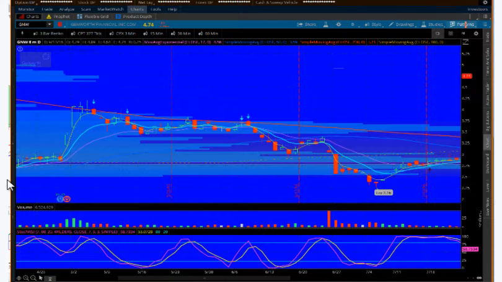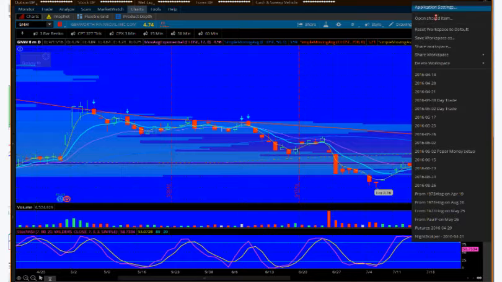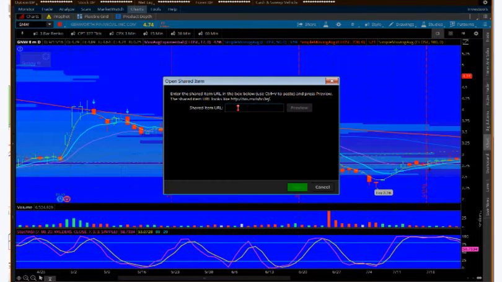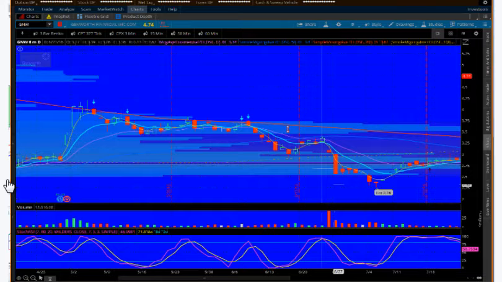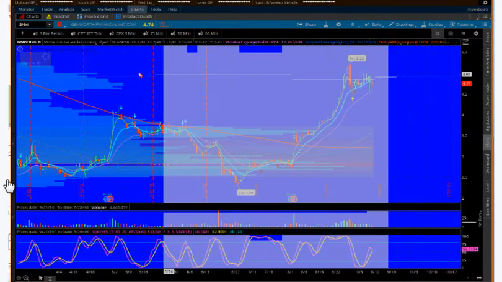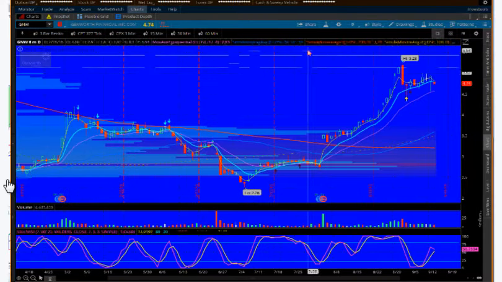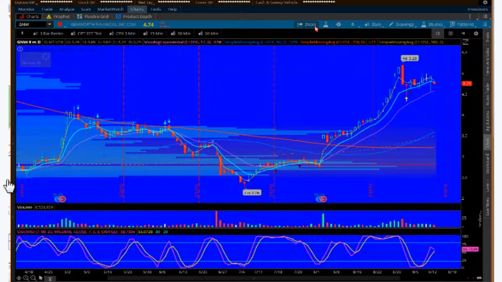And to import, set up, open shared item, preview it, and it shows the chart. That's not the chart that I was really showing. Okay. Let's back off. So let's do share an item.